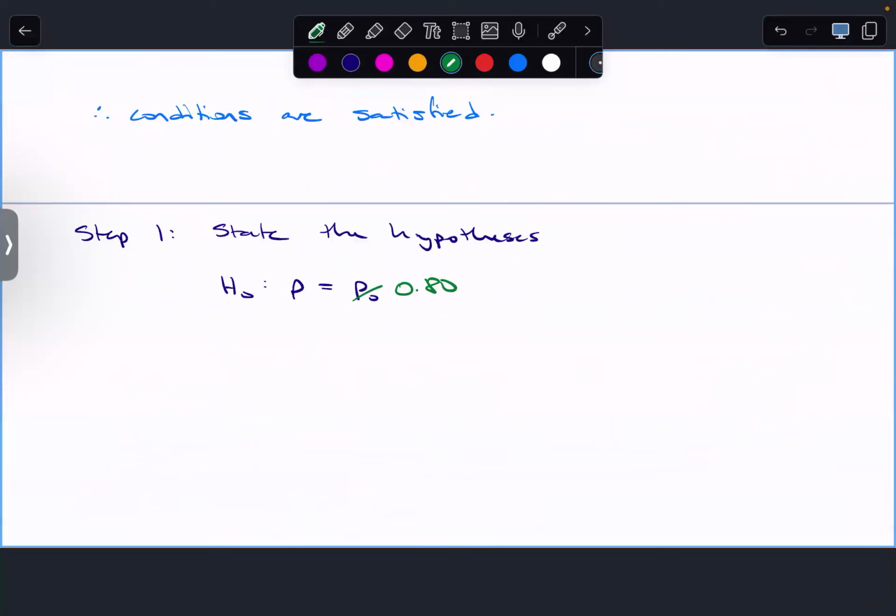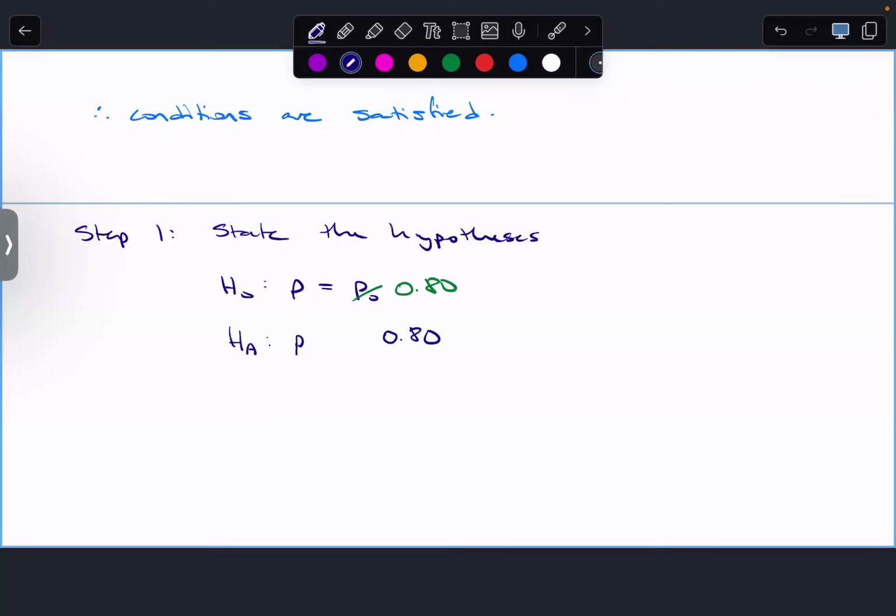I replace it with the value from the question that I want to compare my sample proportion to. Once I've done that, my alternative hypothesis just kind of falls out of this because it's also a statement about p and how p compares to 0.80.